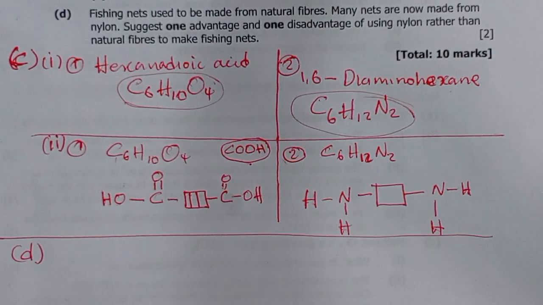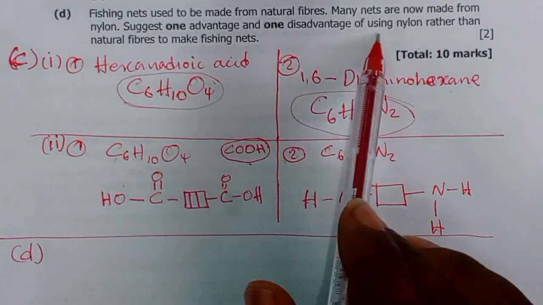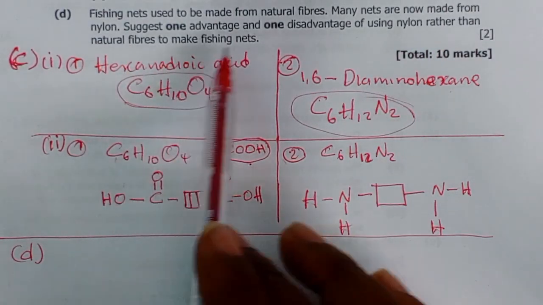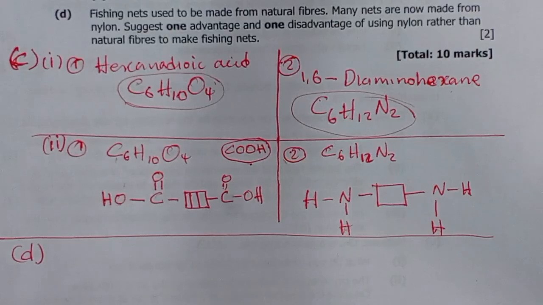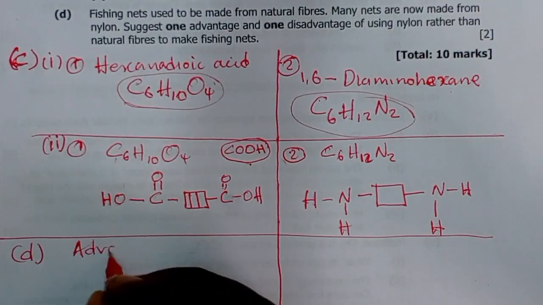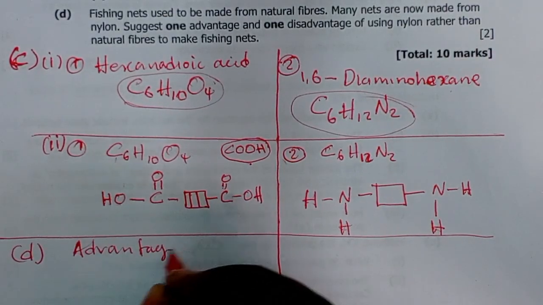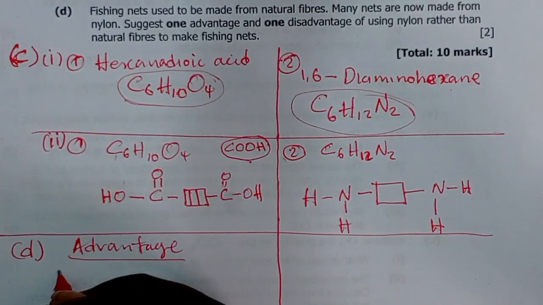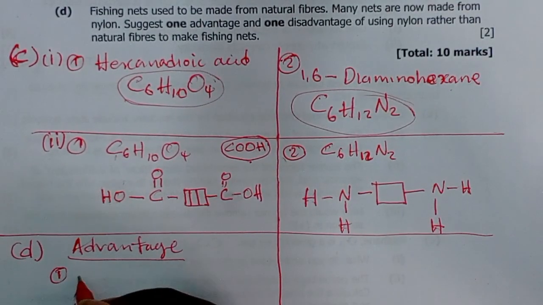D. Fishing nets used to be made from natural fibers. Many nets are now made from nylon. Suggest one advantage and one disadvantage of using nylon rather than natural fibers to make fishing nets. Let's start with the advantage. Number one, nylon has high strength.